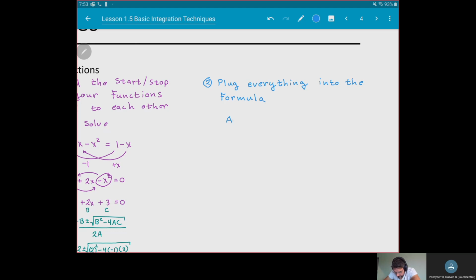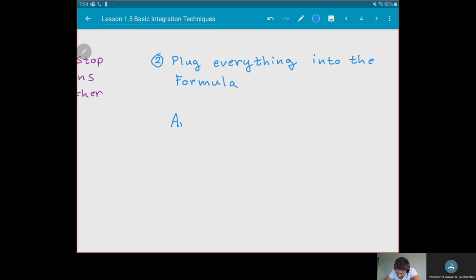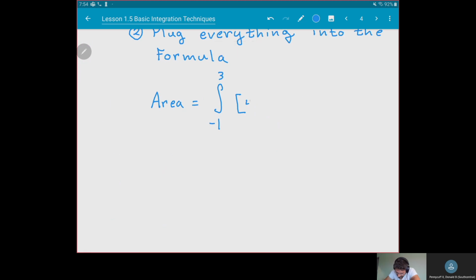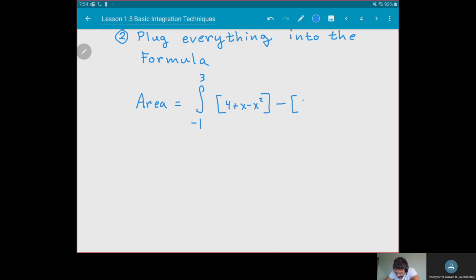So area is equal to the integral from -1 to 3 of the top, which is 4 plus x minus x squared, minus the bottom, 1 minus x, dx. So that's the top and that's the bottom.